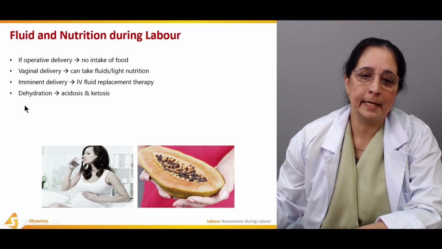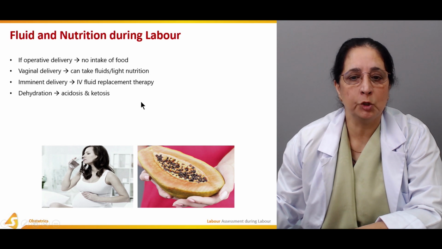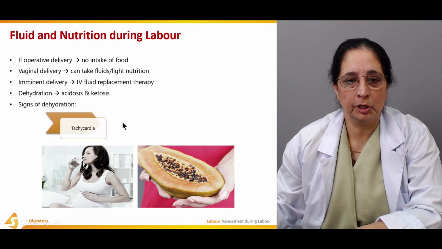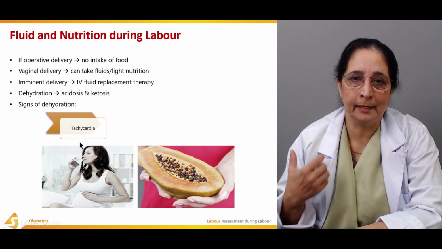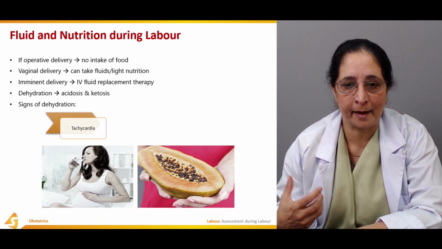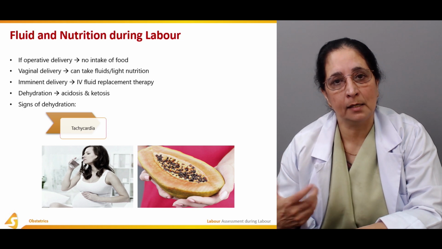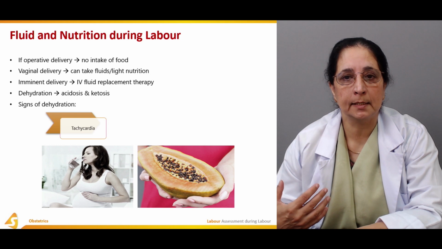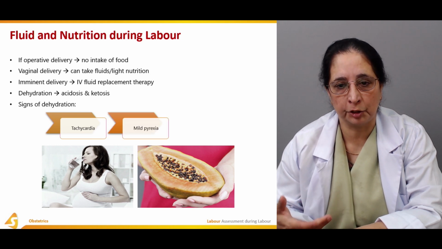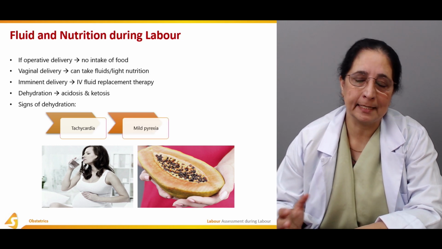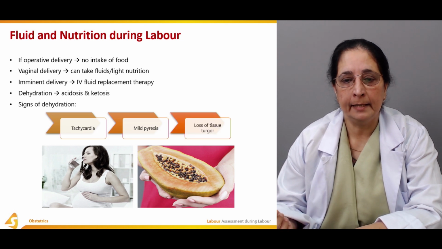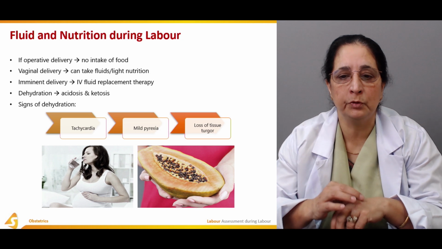Dehydration can cause acidosis and ketosis. Signs of dehydration is tachycardia, the heartbeat is very fast. Tachy is fast, cardia is heart, so rapid pulse is one sign of dehydration. Mild pyrexia, mild fever is present also, and there is loss of tissue turgor.